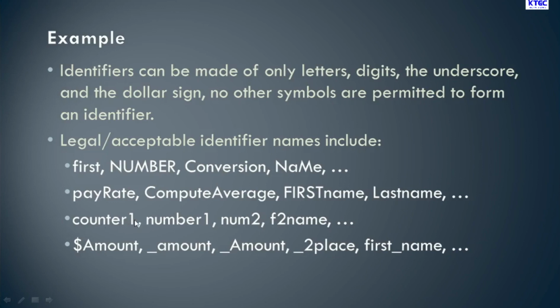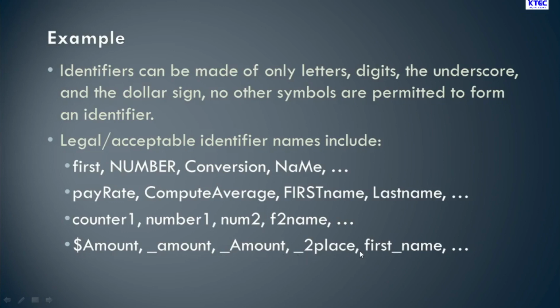Counter1 is allowed, but you can't say 1counter because it starts with a number. That one is not valid. You can equally say number1, but you can't say 1number. Num2, fName is allowed. Dollar sign amount is allowed. The underscore amount is allowed.